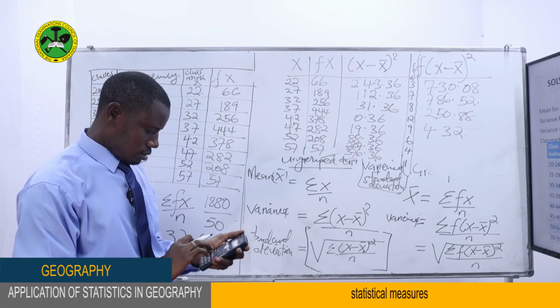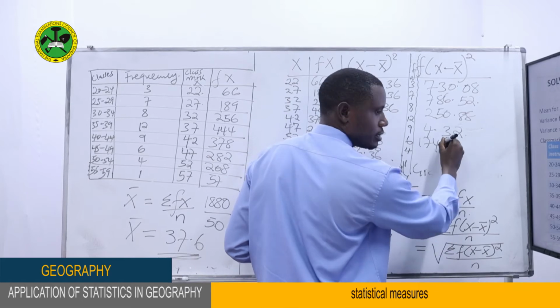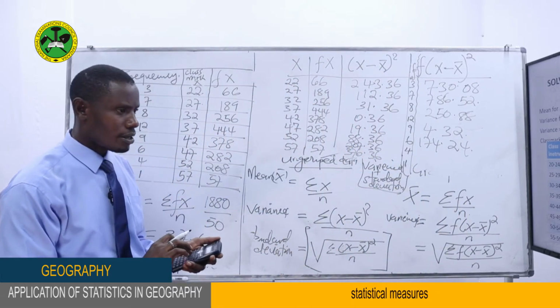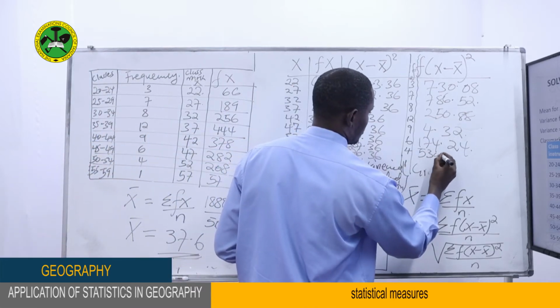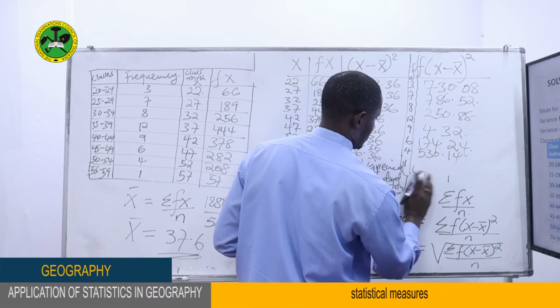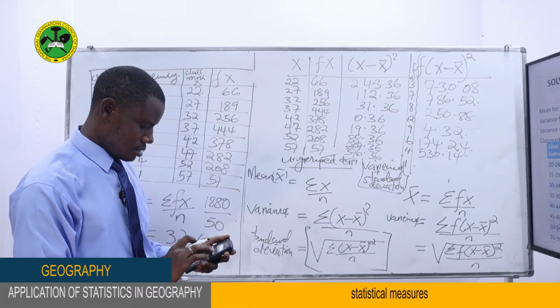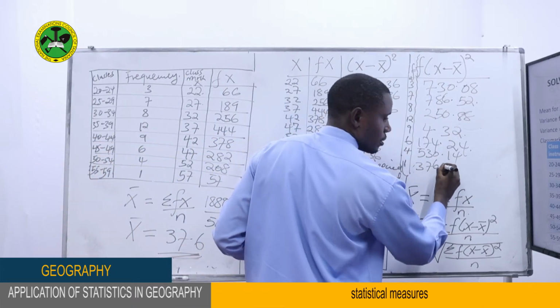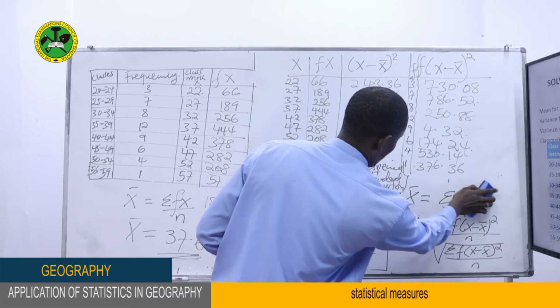The next one, you'll come up with 174.24. The fourth one is 530.14. And the last one will be 376.36.